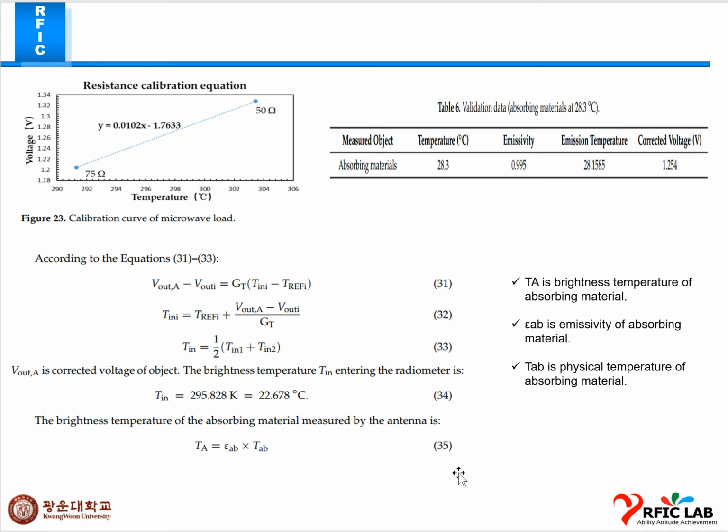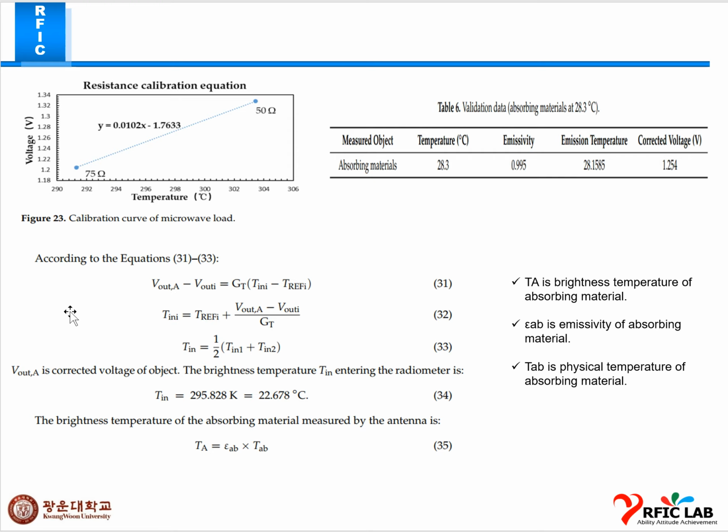This is what you get when you calculate this. After calculating, your resistance calibration equation will give the calibration curve like this, for plotting the graph y equals mx plus c.